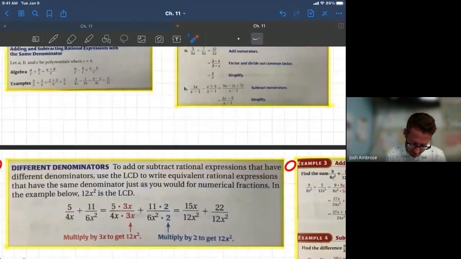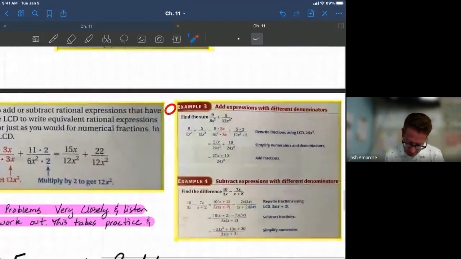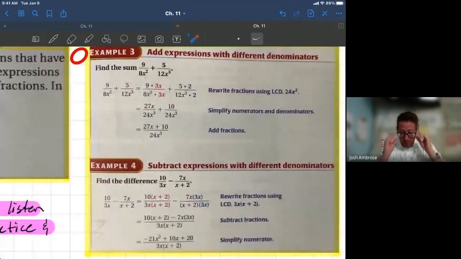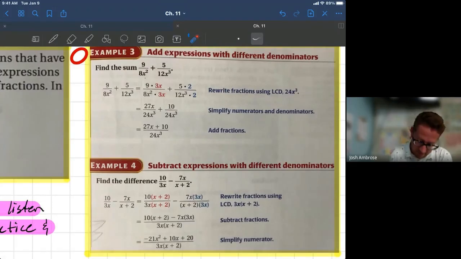Now let's take a look over here at a couple example problems where we don't have common denominators. This is where it really separates itself. 8x squared and 12x to the third. They are not the same. I can't make 8 become 12.